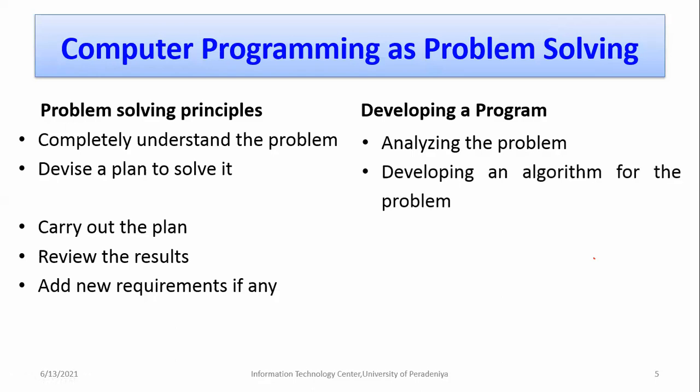And then we have to develop an algorithm for the problem. So what is the algorithm? As I said earlier, there are 10 students. I'll take 1 student and take marks for 3 subjects as inputs: marks for subject 1, marks for subject 2, marks for subject 3. There are 3 inputs.